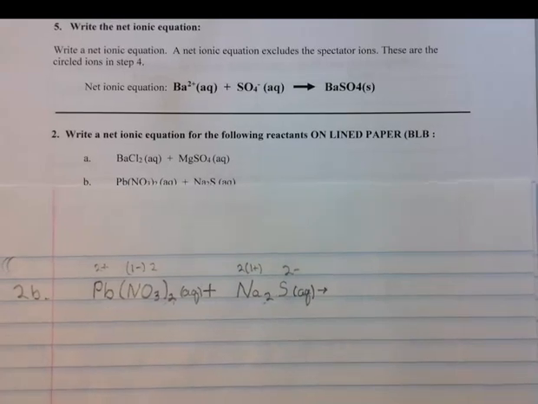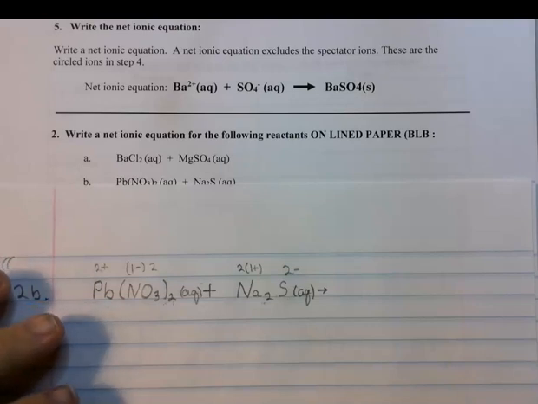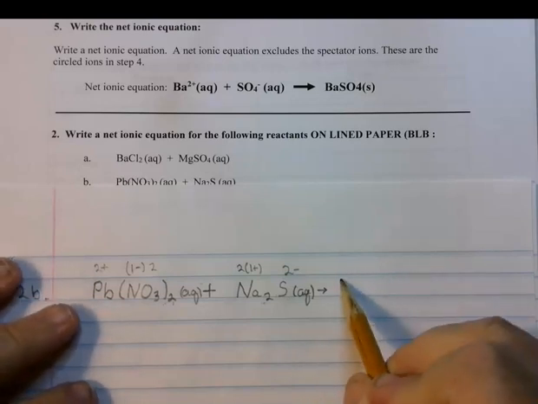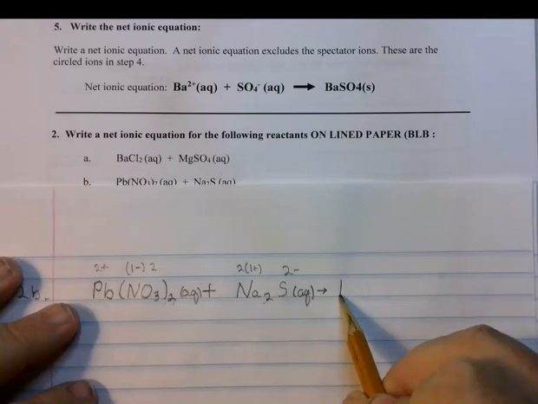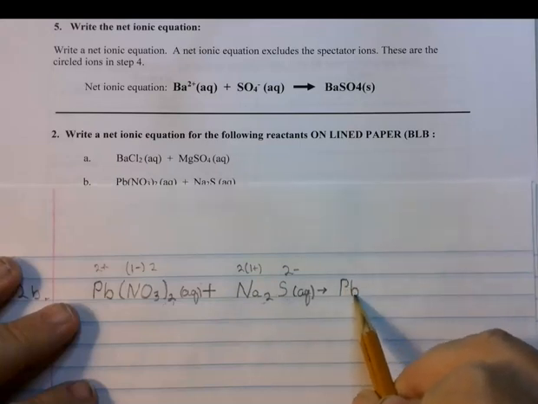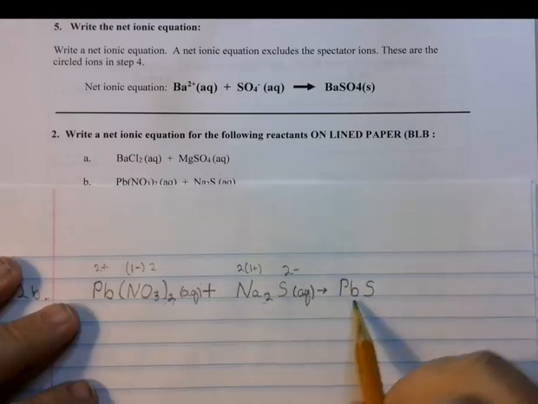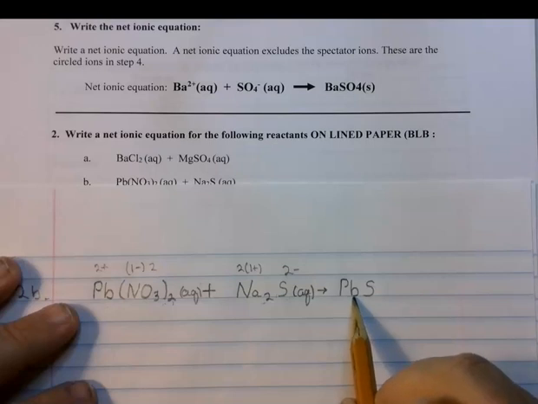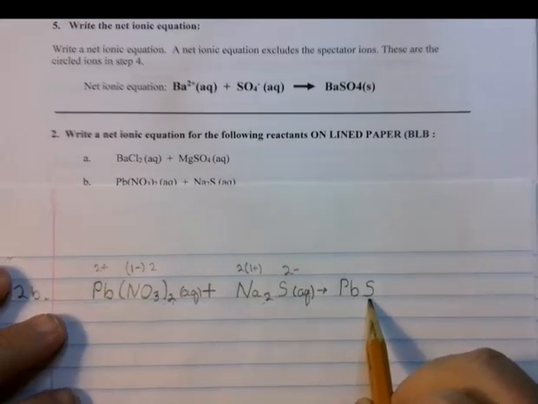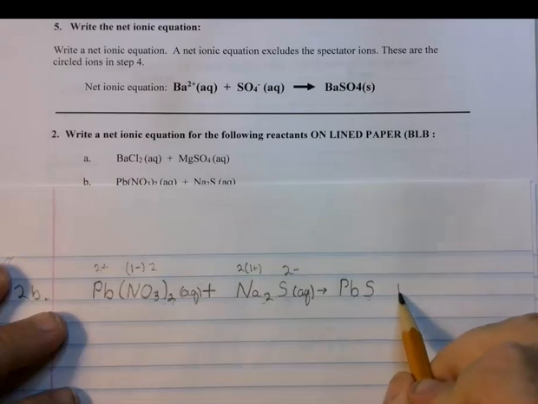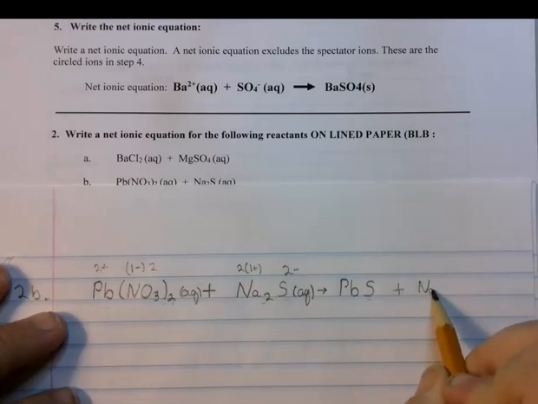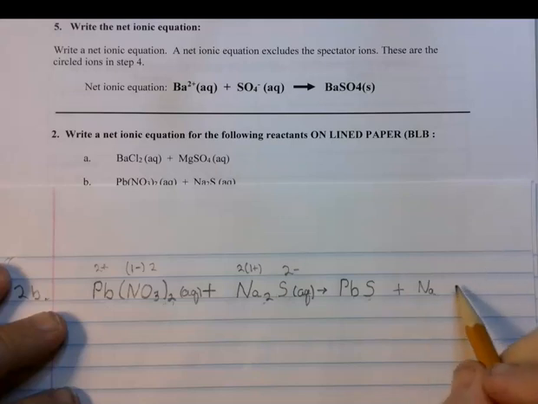So now what we're going to do is swap everything around. And we are going to get PbS. So there's your cation, your metal, and there's your anion, your nonmetal, plus NaNO3.